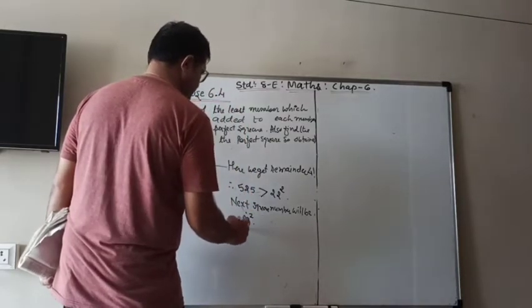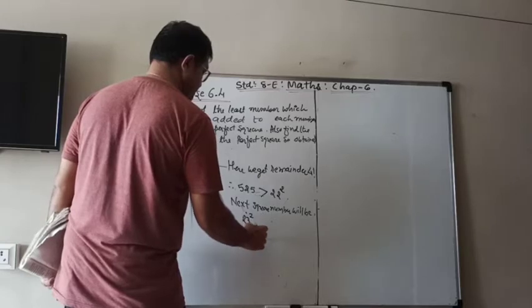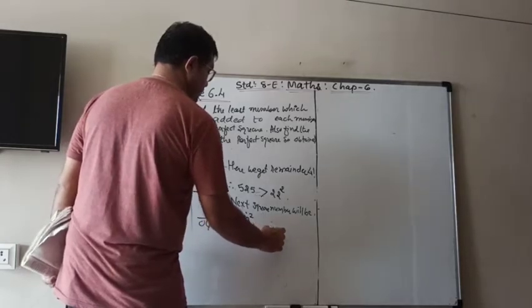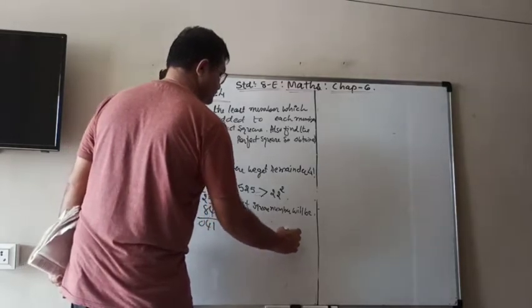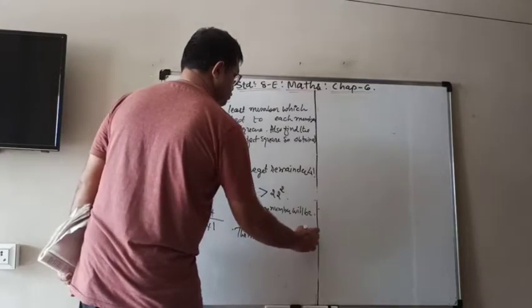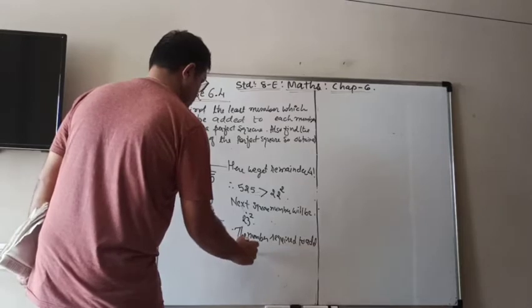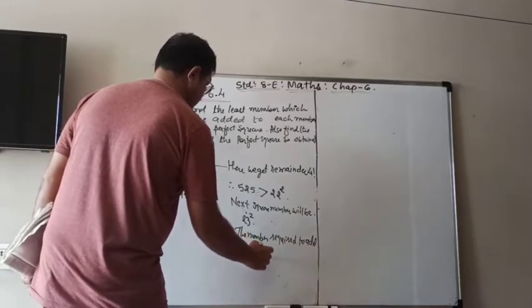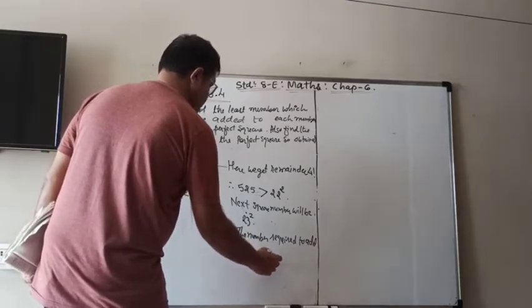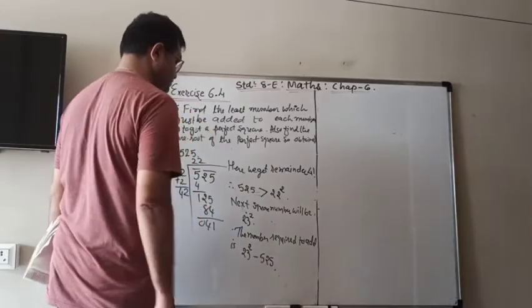Now, therefore, the number required to add is 23 square minus our original number 525.